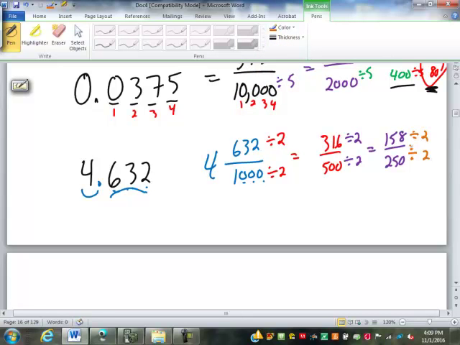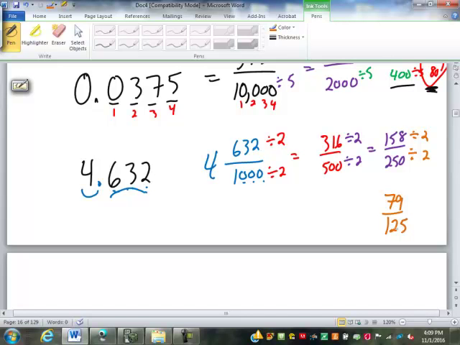They're both even. 158 divided by 2 is 79. 250 divided by 2? 125. Are we done? No, why not? Careful, that's 125. That's odd.